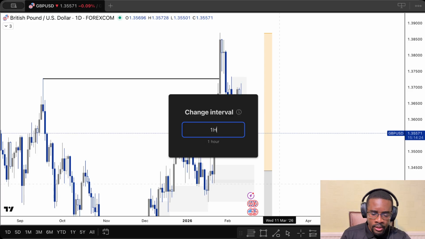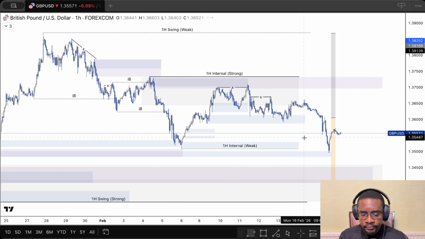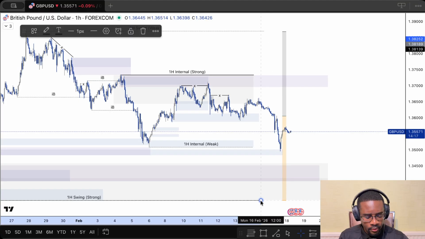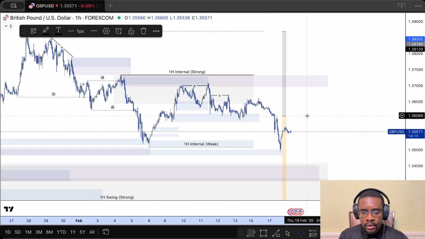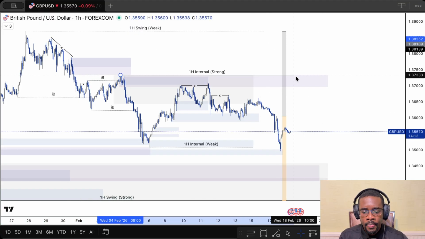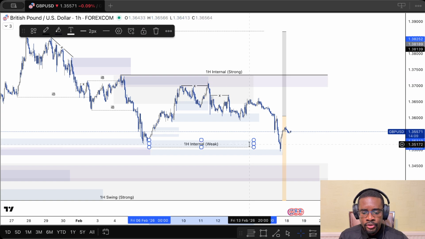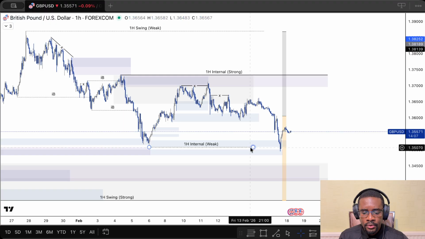And then looking at the 1 hour, there's our internal range as well as our swing range.